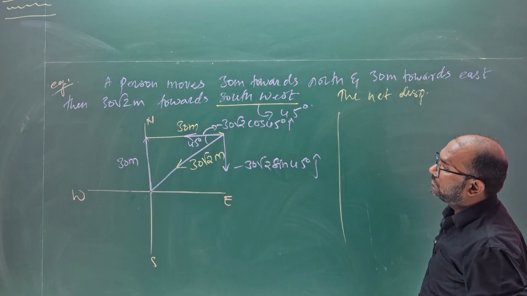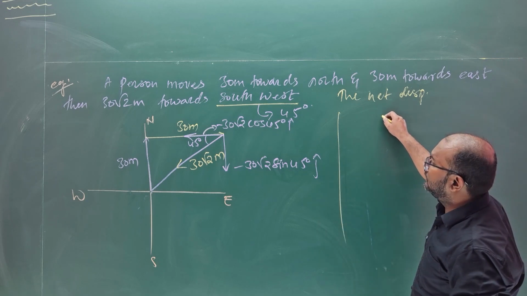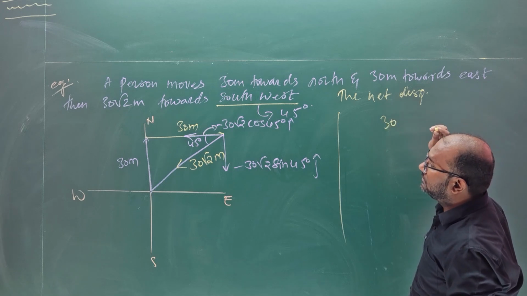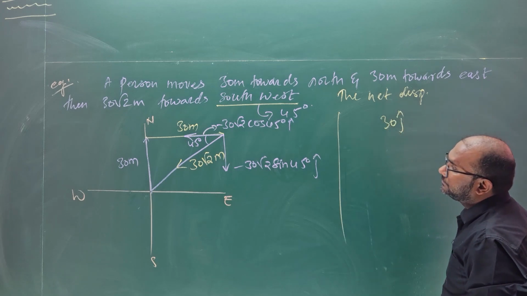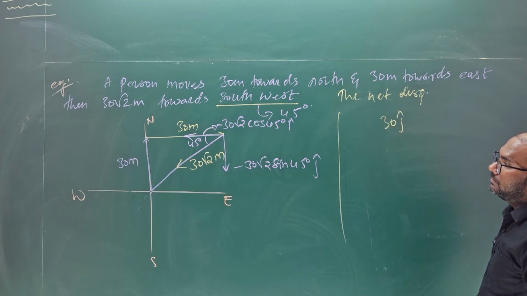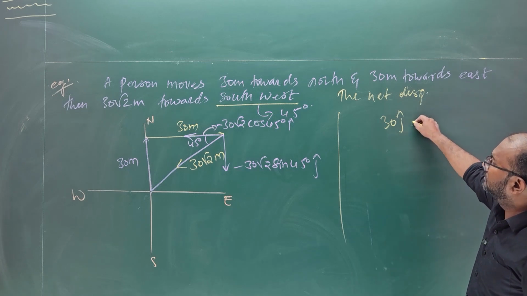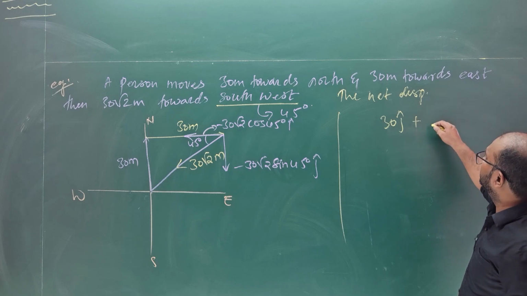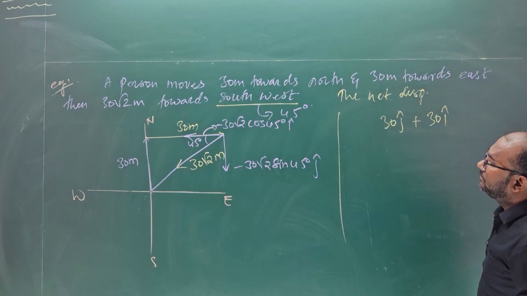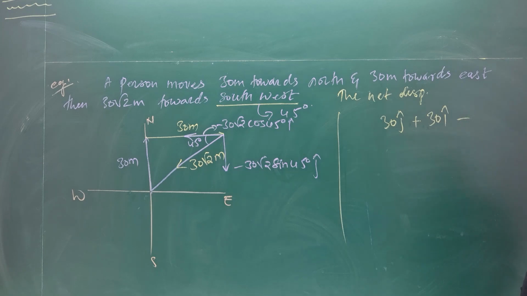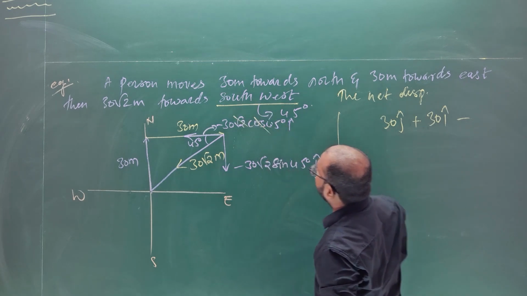First thing, upward, that is towards north. That can I write 30 j cap? Then in this direction, how much? Positive, na? So positive 30 I cap. Then minus of 30 √2 cos 45, this one and this one get cancelled out.